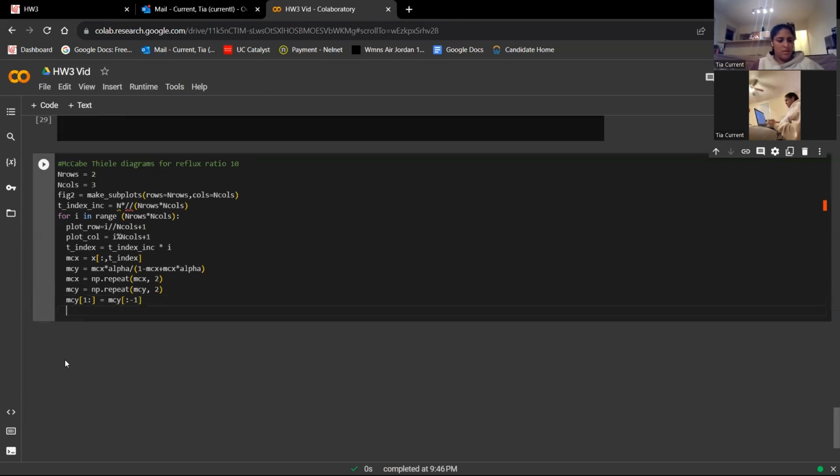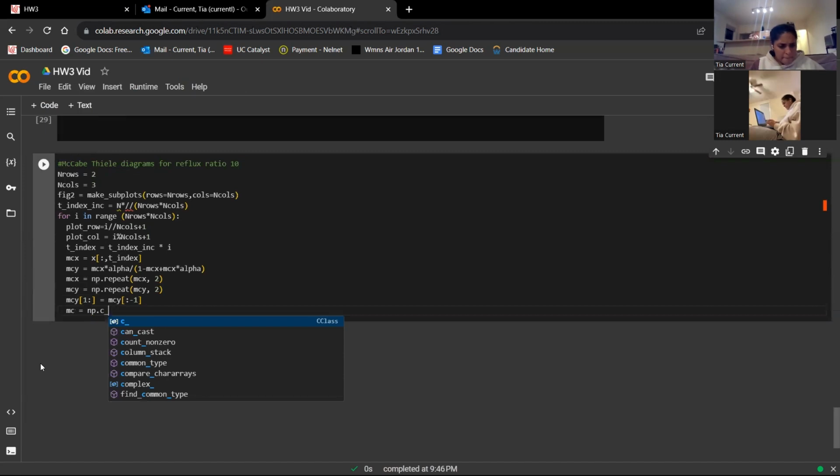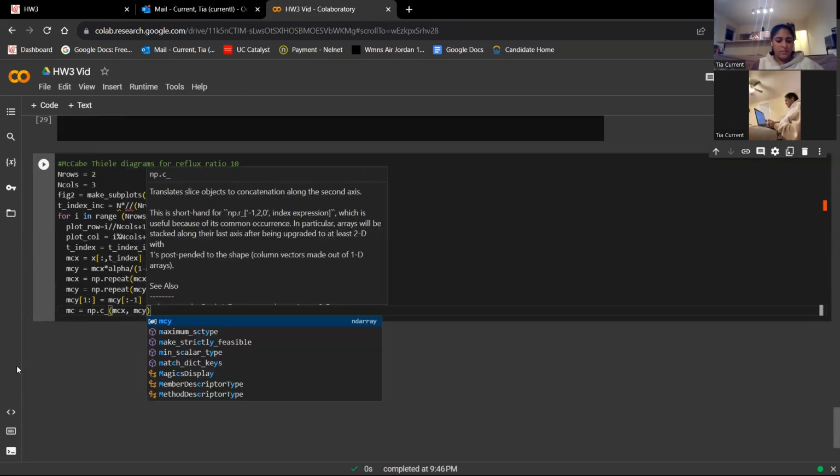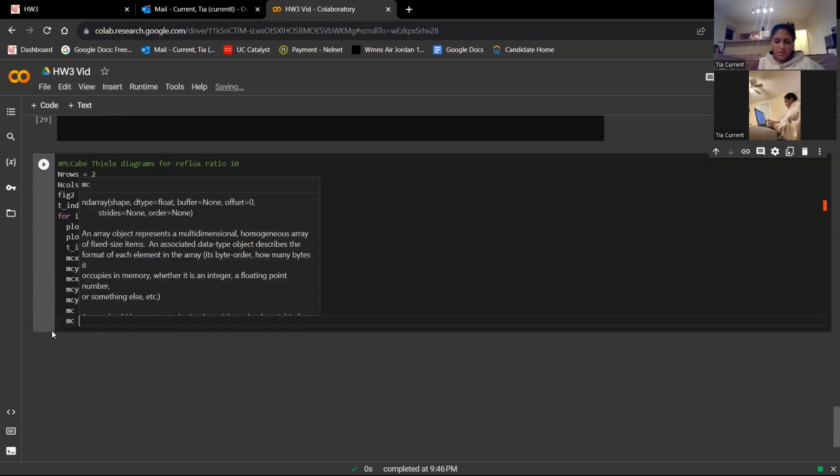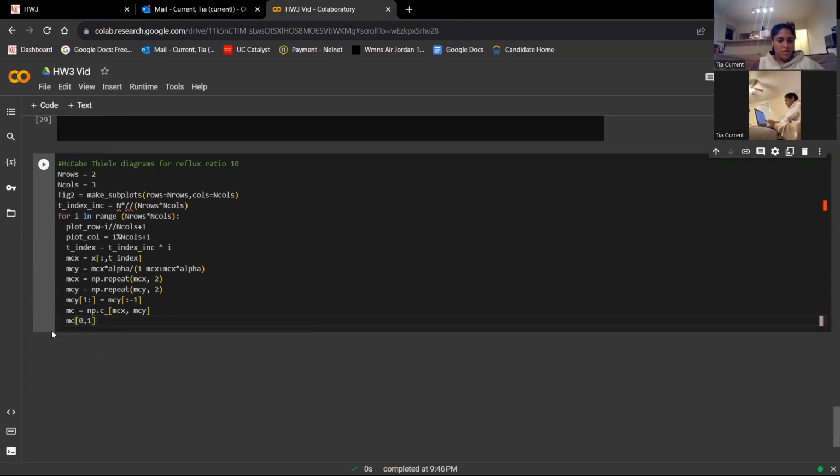And then MC equals np.c_ Cx, Mcy. Wait, I did parentheses instead of brackets, so I need to change that to brackets. Okay, and then my NC is 0, 1.